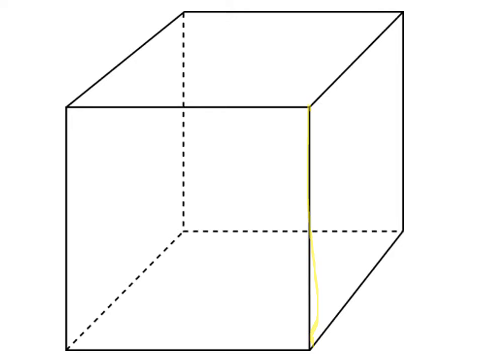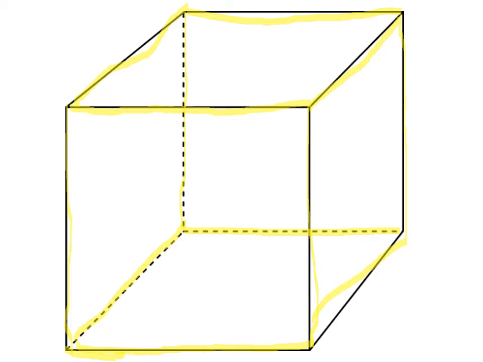So we've got 1, 2, 3, 4. Oops. 5, 6, 7, 8, 9, and we can see these dotted lines, 10, 11, and 12.